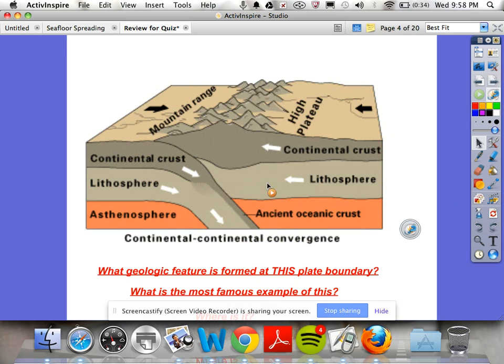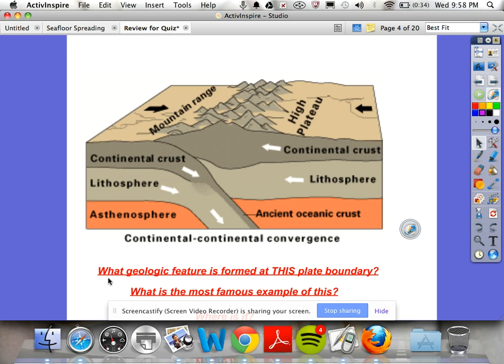The first question I have for this diagram is what types of crust is involved? We can see continental crust and continental crust. And we can also see that the arrows are going towards each other. So we know that this is a continental-continental convergent boundary.